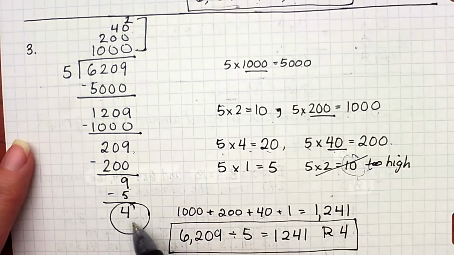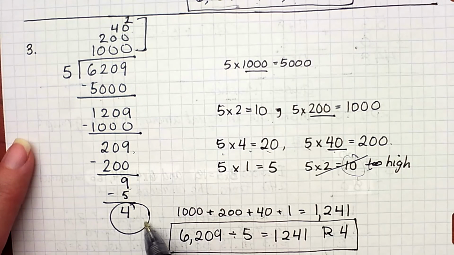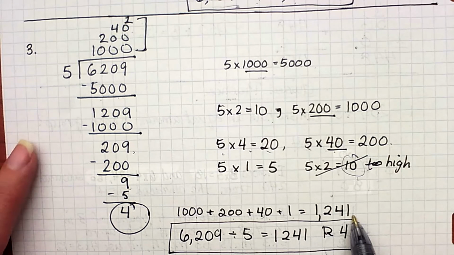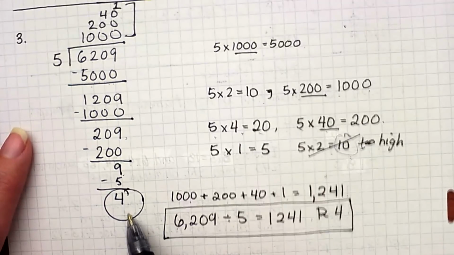Now, I cannot share 4 equally between 5 groups. So 4 is going to be my remainder. So add together your partial quotients. 1,000 plus 200 plus 40 plus 1 will give you 1,241. So we know that 6,209 divided by 5 will give us 1,241 with a remainder of 4.